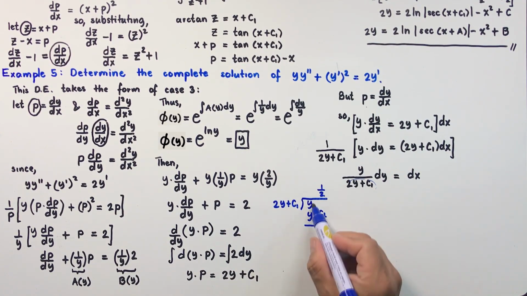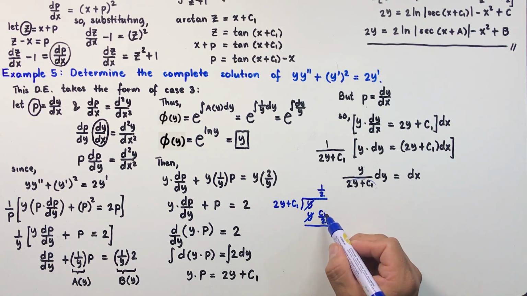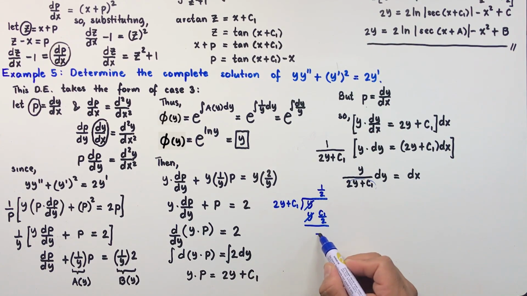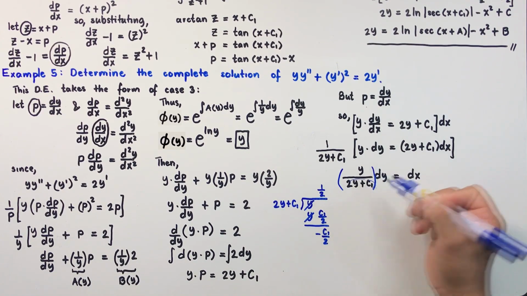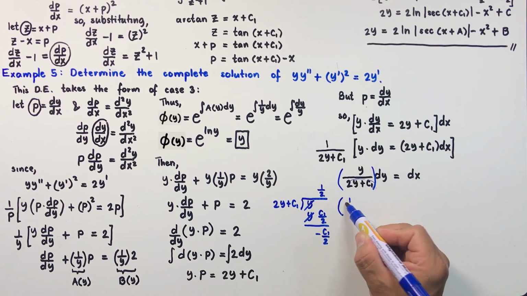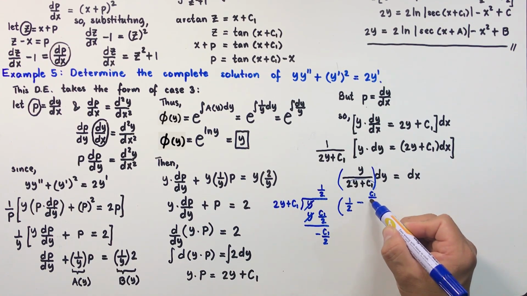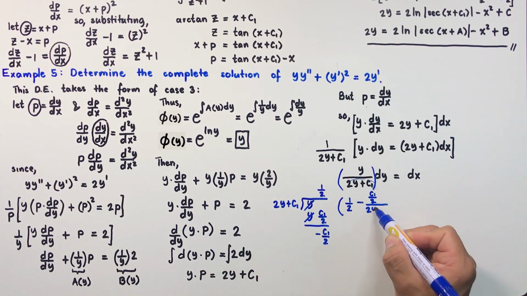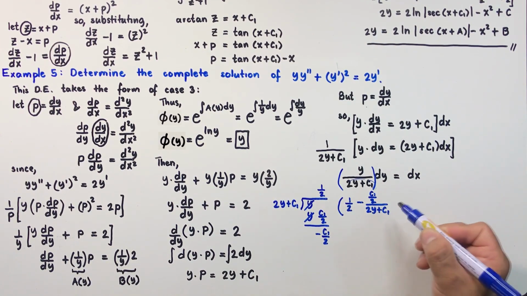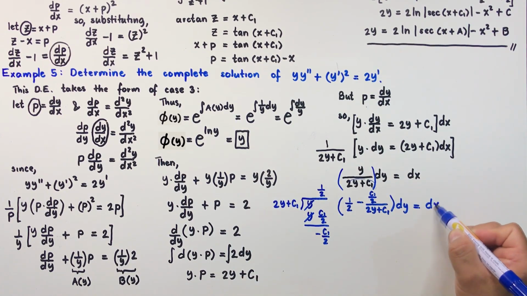So subtracting these terms here, this is 0, and 0 minus c sub 1 over 2 is negative c sub 1 over 2. So we can rewrite this fraction here as 1/2 minus (c sub 1 over 2) all over this divisor 2y plus c sub 1, and this is equal to dx.